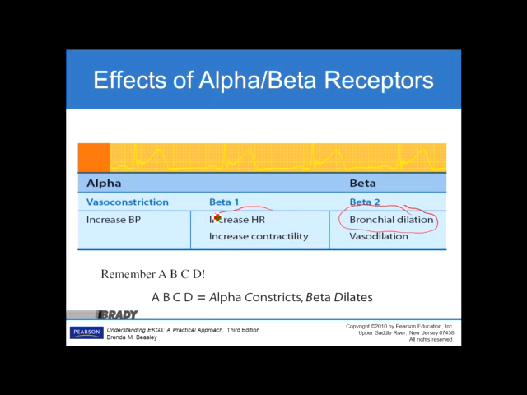We are going to get both of these and increase heart rate and contractile force strength. But at the point that the alpha-1 is stimulated, it is definitely going to overpower everything that we see with the vasodilation occurring. So remember A, B, C, D. Alpha constricts, beta dilates.